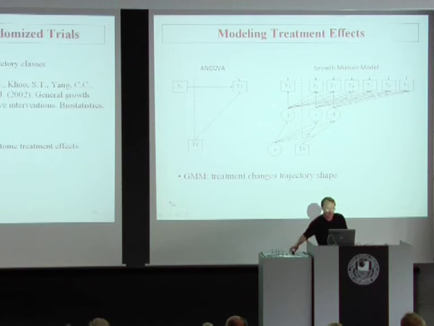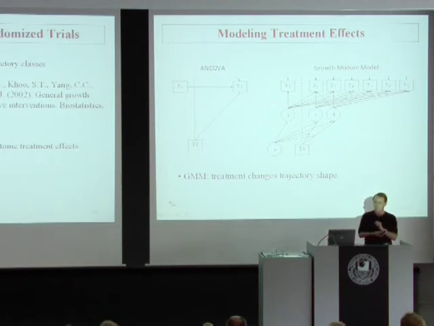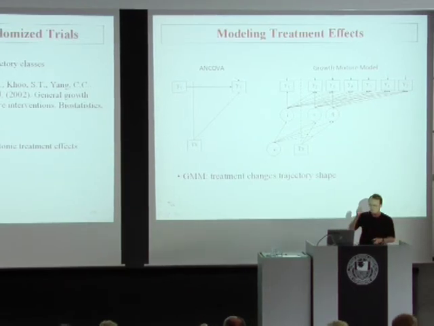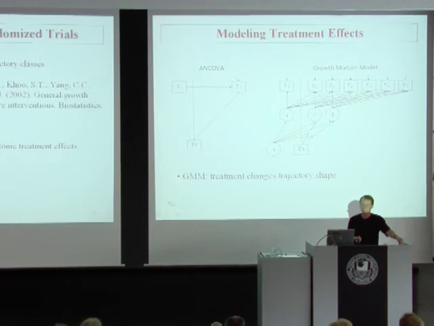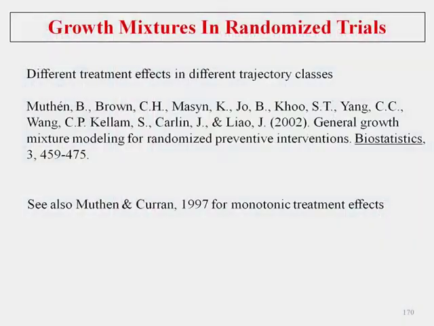So many researchers have randomized trials in all kinds of fields, psychology or medicine. In pharmaceutical companies, there are a lot of randomized trials going on. Randomized field trials, interventions in real settings, increasingly use randomized trials. And one very important notion is that you can have different treatment effects in different trajectory classes.